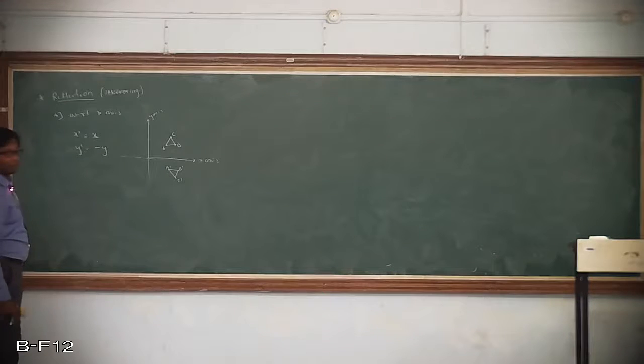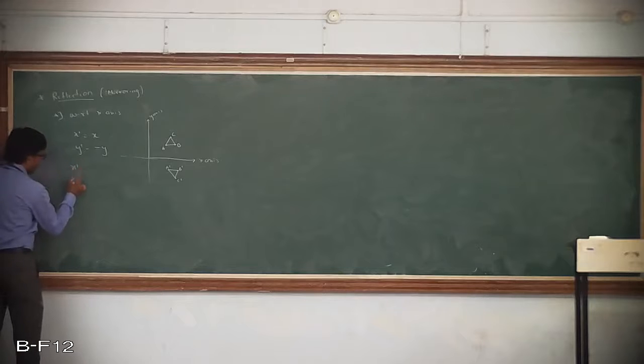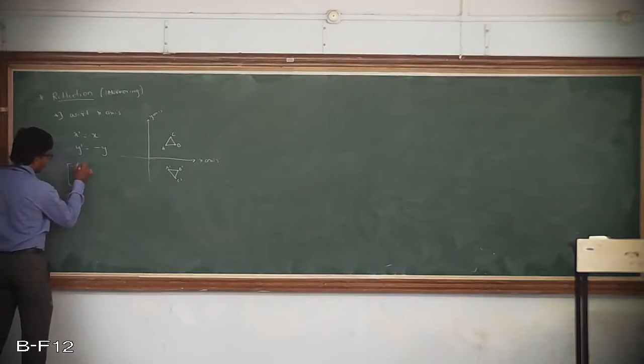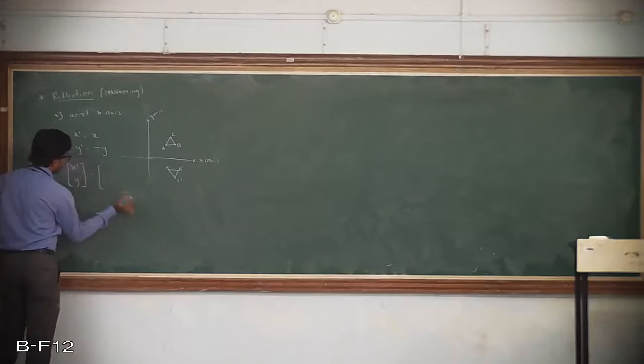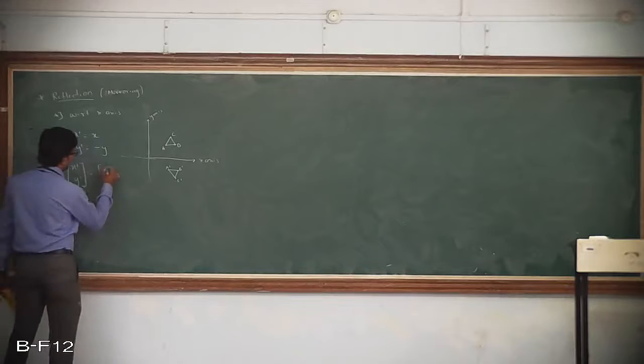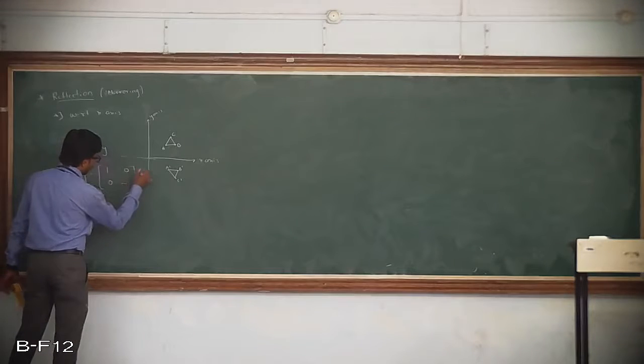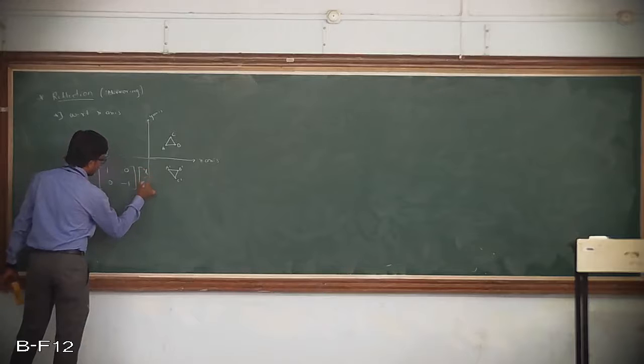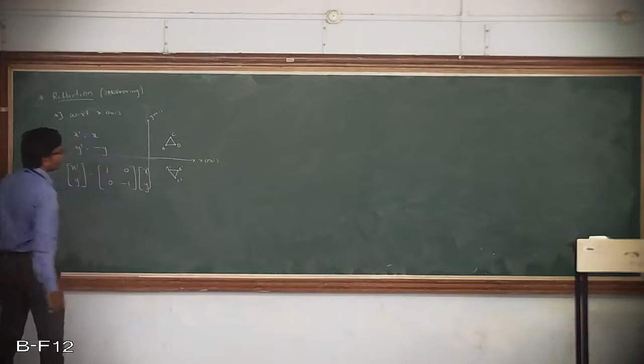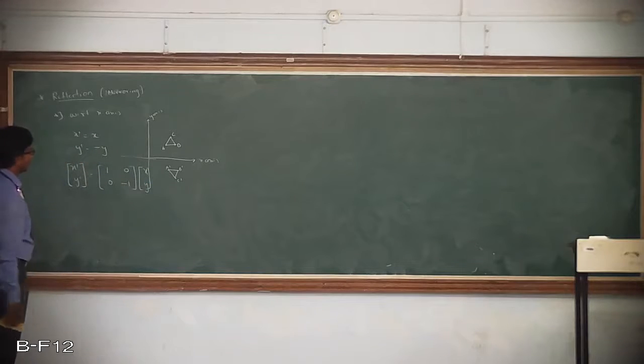If I write the matrix for this, [x dash y dash] equals [1 0; 0 -1] times [x y].